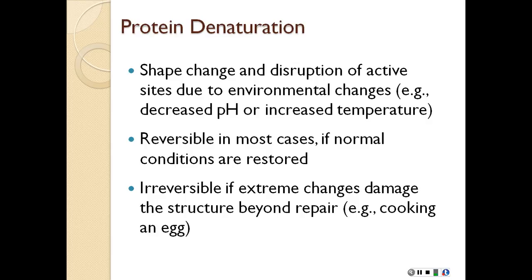Sometimes this is reversible, so for example, if you expose the protein to a high pH and then bring it back down to normal, the protein starts working again. But sometimes, if the denaturation is severe, or if there's an extreme change, the change is irreversible, and the proteins may not be able to go back to working the way they were supposed to.